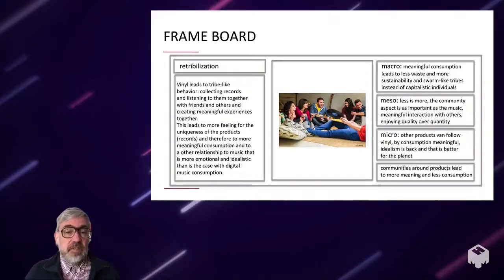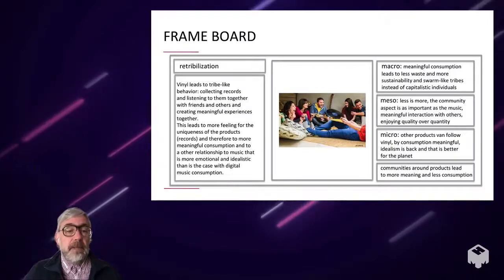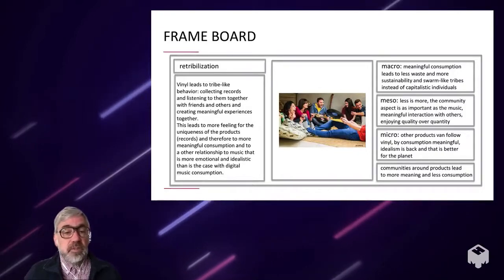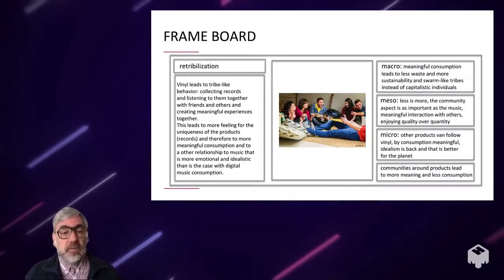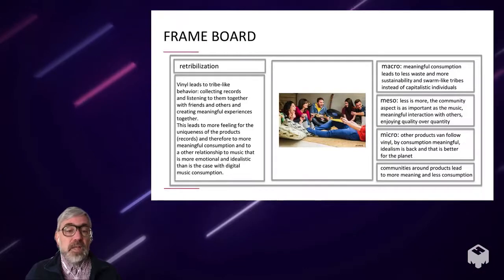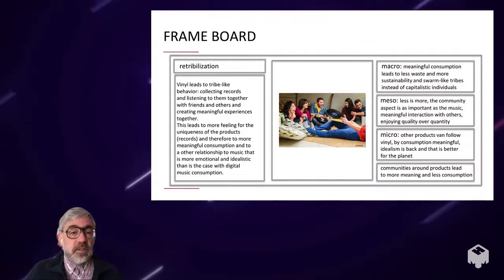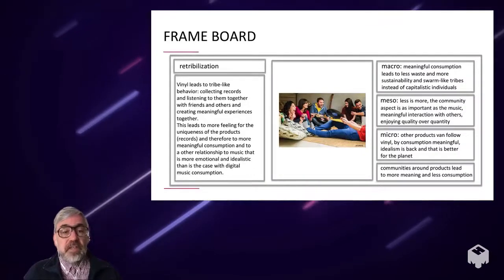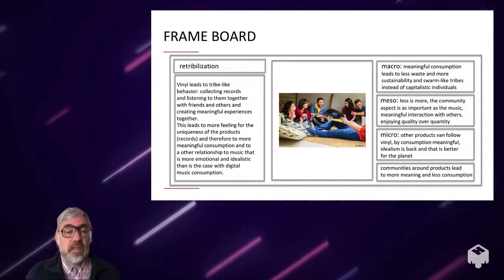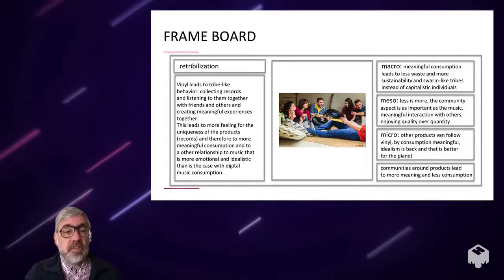So the idea, and it's also explained on the left, is that vinyl makes up a new subculture where people are coming together, listening to music, collecting together, etc. So the idea is that the value of the vinyl is not only in the amount of money that you spend on the vinyl, but it's also a social factor, a meaningful factor within the friend group that you're in, within the people that you share this information with. So it's more of a community thing.